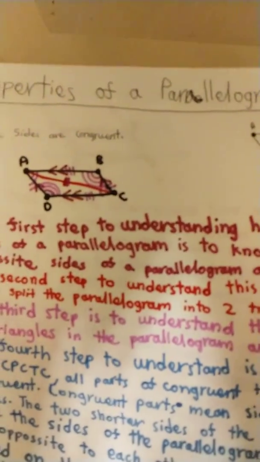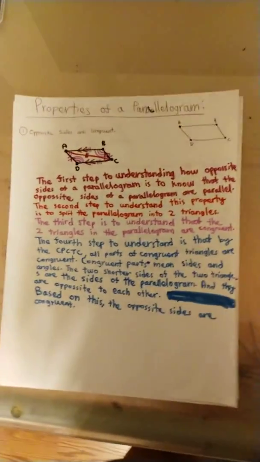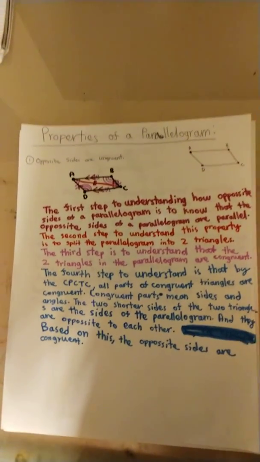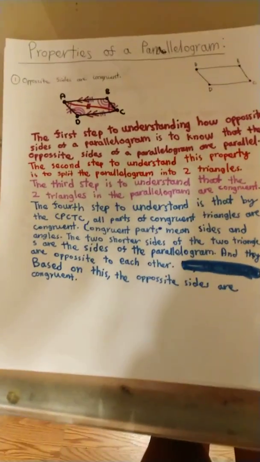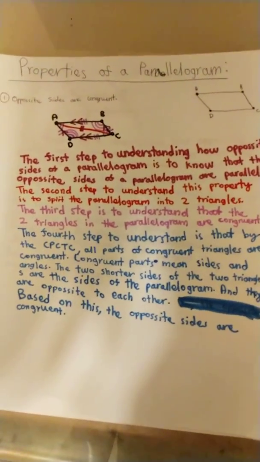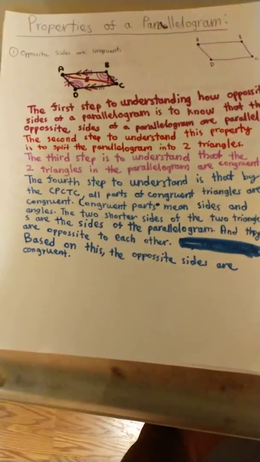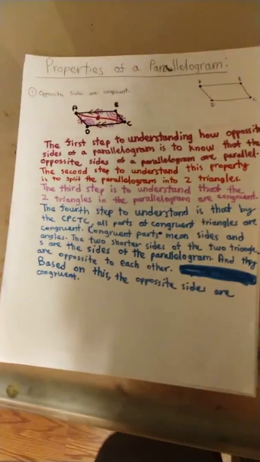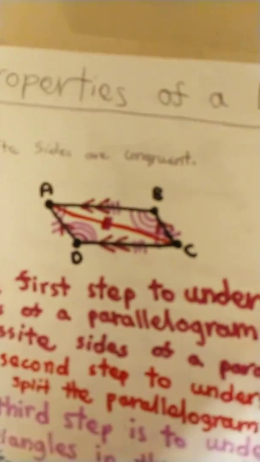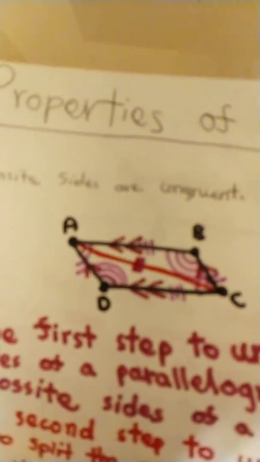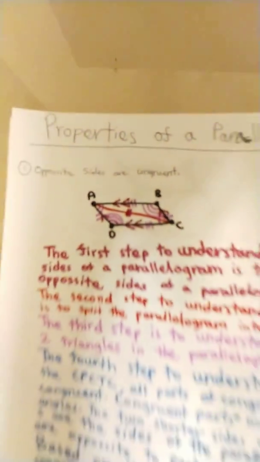That does help with understanding, but it's not really the main thing. The second step is to split the parallelogram into two triangles. This is the more critical one because this is where you can actually start finding out. The first step is really like a side step.